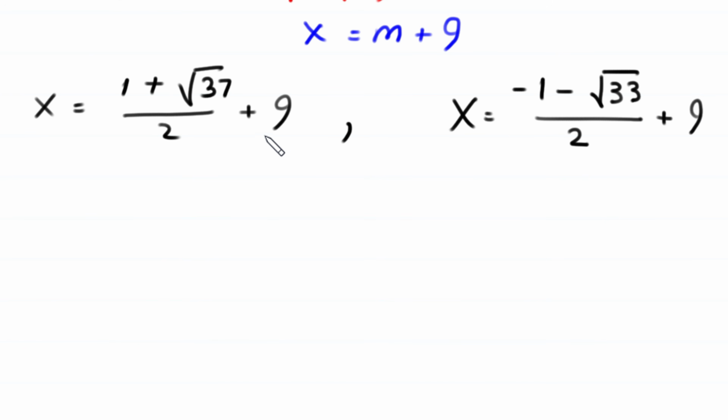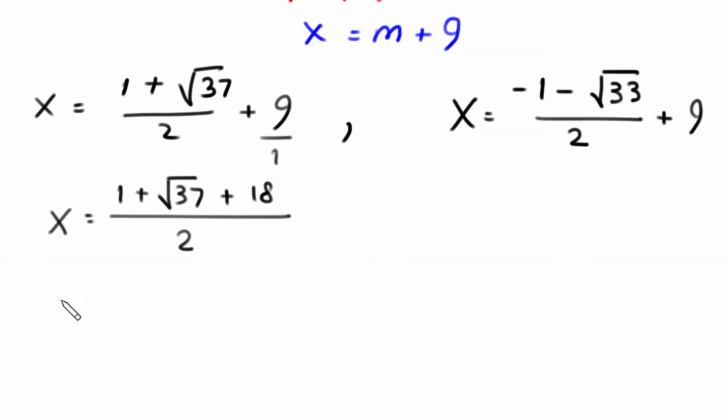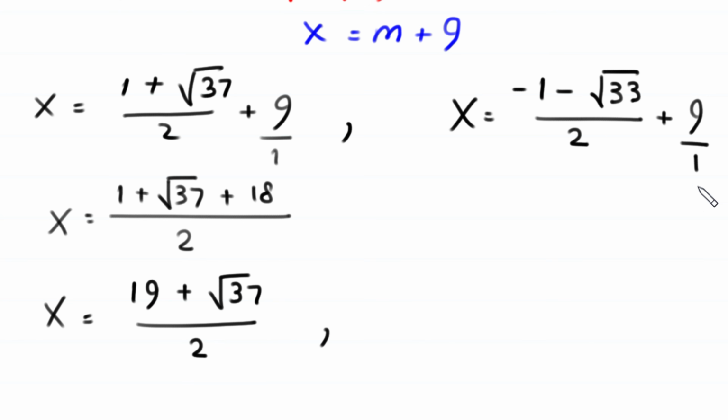We can write the denominator of this 9 as 1 and take LCM of 2 and 1. LCM of 2 and 1 is 2, so this will become 1 plus root 37 plus 18, and further simplify, this will become x is equal to 19 plus root 37 divided by 2. And from this equation we can write the denominator 1, take LCM of 1 and 2, that is 2.